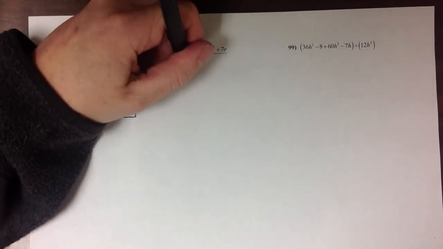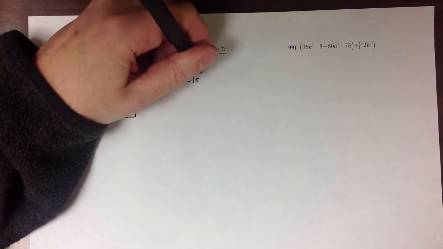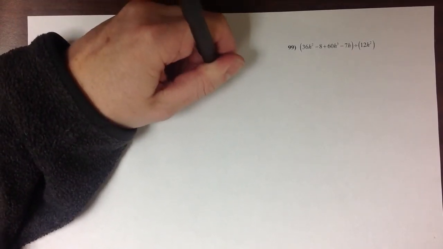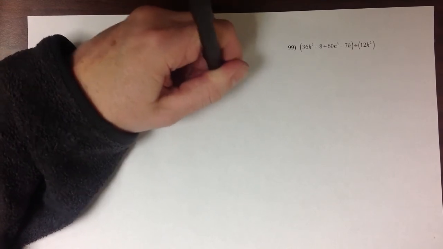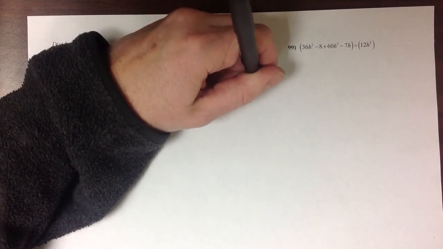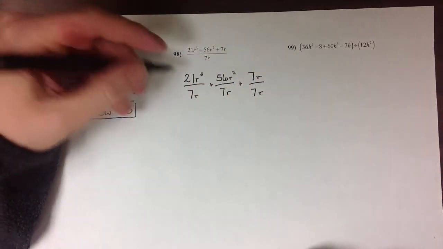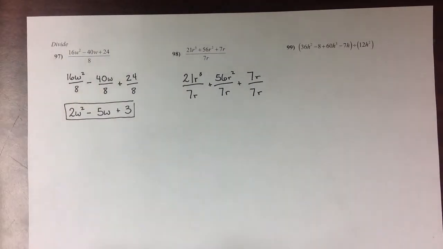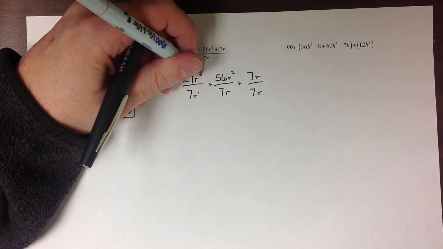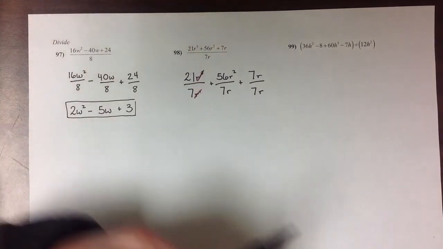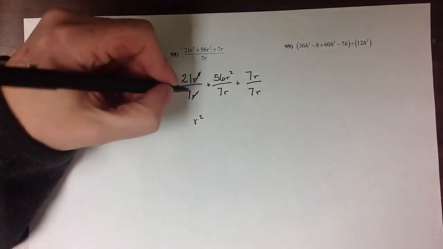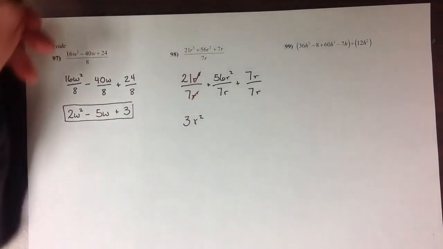In our second example, 21r cubed over 7r plus 56r squared over 7r plus 7r over 7r. Simplifying these, remember the power rules. R to the 1 subtracted from r to the 3 is going to leave us with r squared, and 21 divided by 7 leaves me with 3.